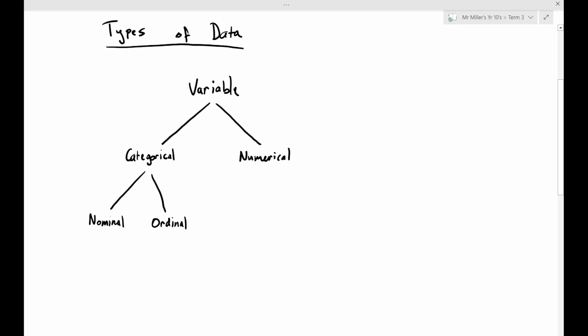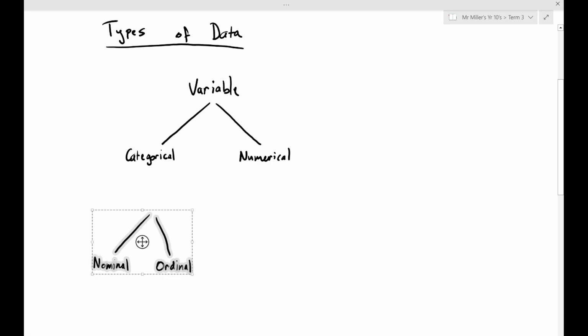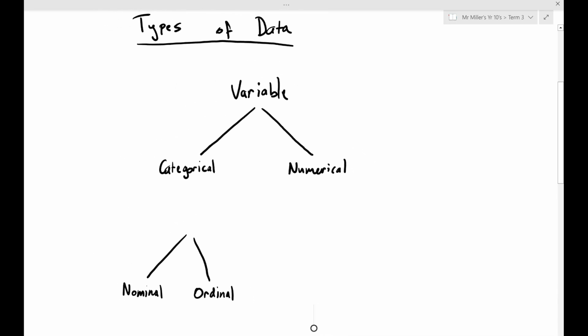And we might add a bit more information here. So for a categorical variable, the variable is measured in categories. We'll just say variable is a category.